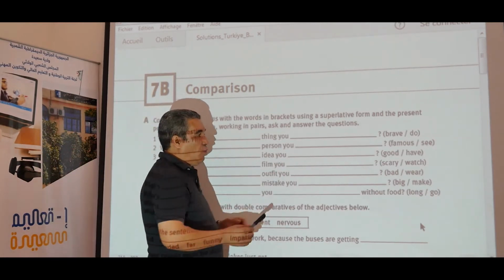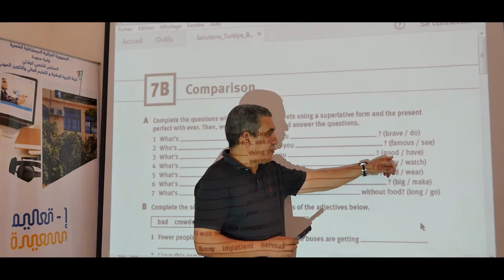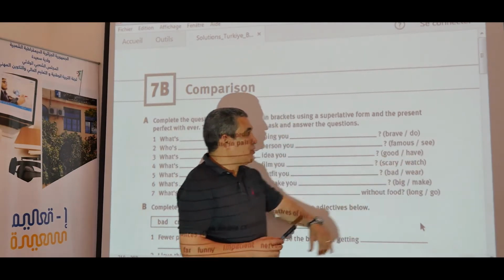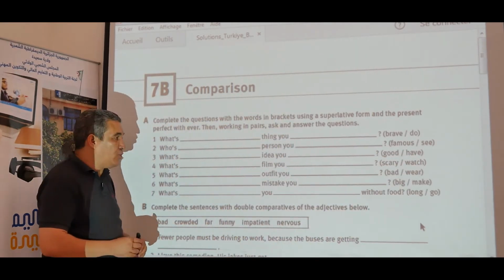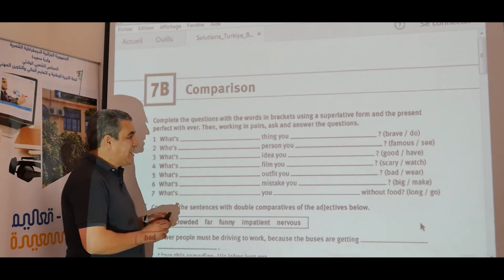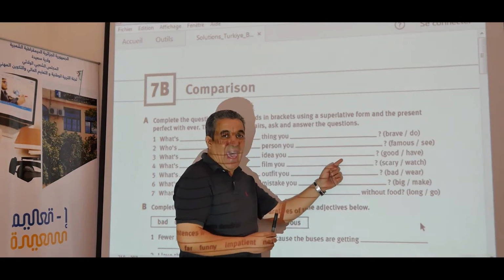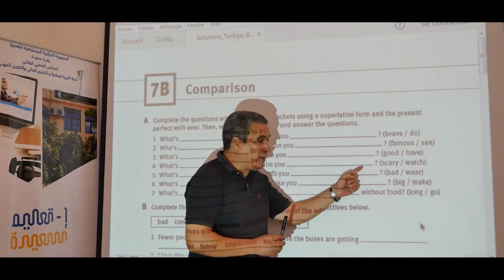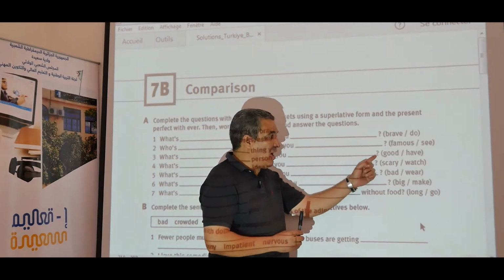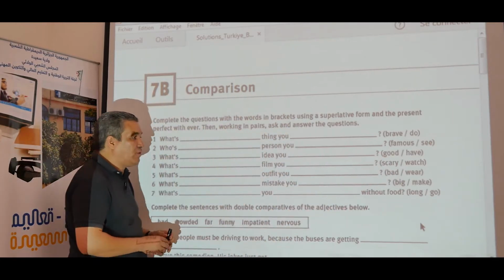Now, three, we've got good, the adjective good, and have. So, superlative of the adjective good, best. So, what's the best idea you have ever had? What's the best idea you've ever had?